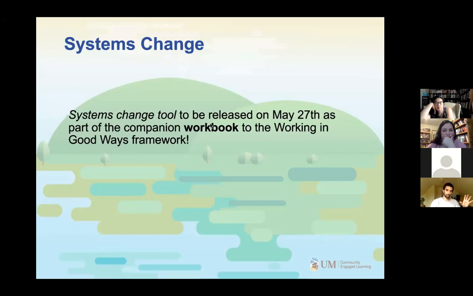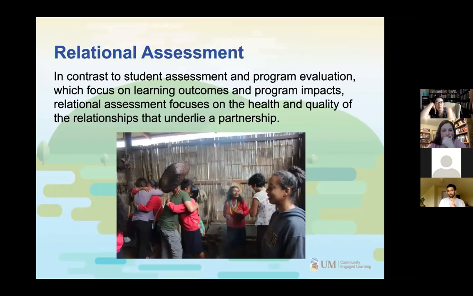So that's systems change. The other thing that we've been alluding to during this Launch and Learn series is the relational assessment process that we developed as we worked on the framework. Relational assessment is something different to what we're used to when we do programming, which is program evaluation or student assessment.